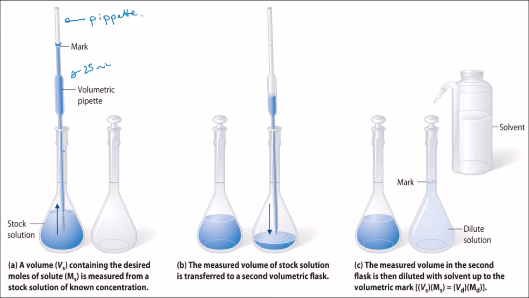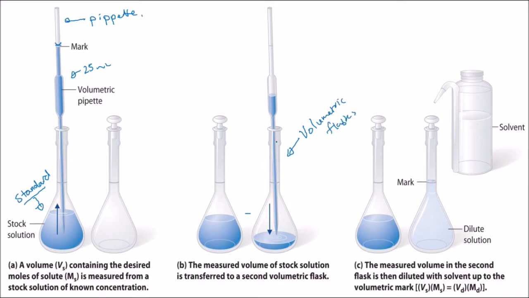Okay, and you would extract a certain amount of what we call the stock solution, or the standard solution is what we also call it. So we take some of that standard solution and we transfer it into a new volumetric flask. So these two odd shaped flasks, we call them volumetric flasks.